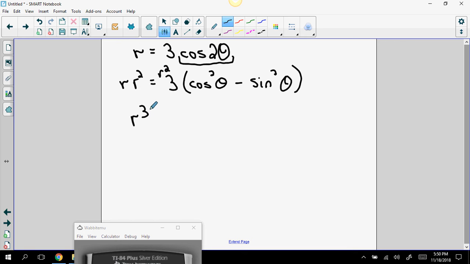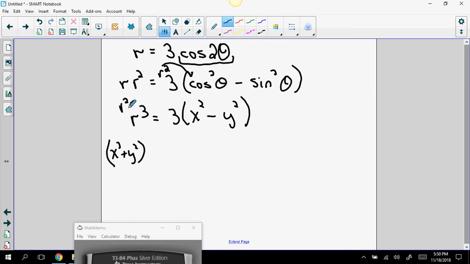So I get r cubed equals, I'm going to just bring in the r squared. So r squared cosine squared is x squared minus r squared sine squared is y squared. But this is r squared r, which is x squared plus y squared. R is the square root of x squared plus y squared equals 3x squared minus 3y squared.